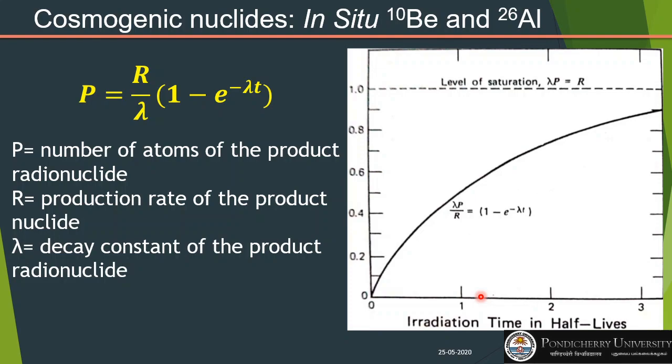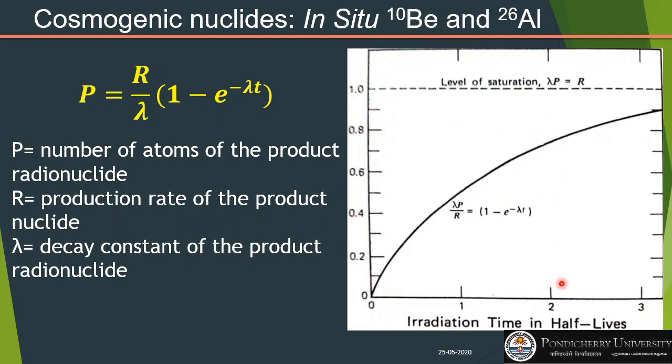For example, if you take the 10 beryllium concentration in that material, 10 beryllium's half-life is around 1.5 million years. Theoretically, you expect a saturation concentration, and you find that the measured concentration of 10 beryllium in that sample is around 75% or so.